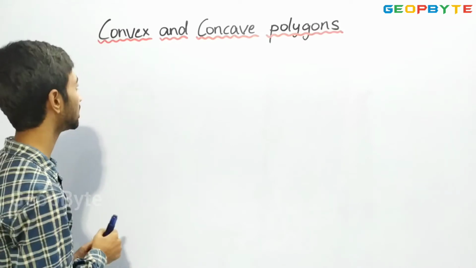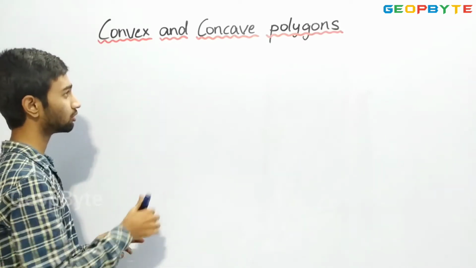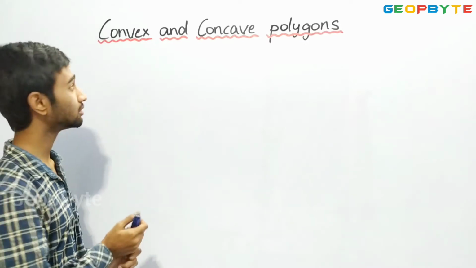Now let us know about convex and concave polygons. First of all, let us write the definition.